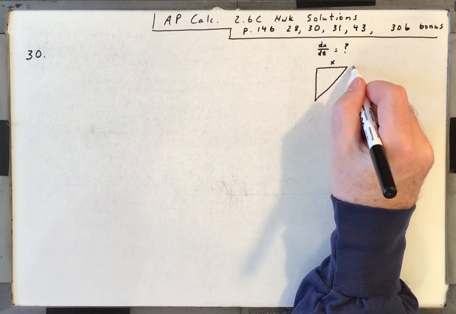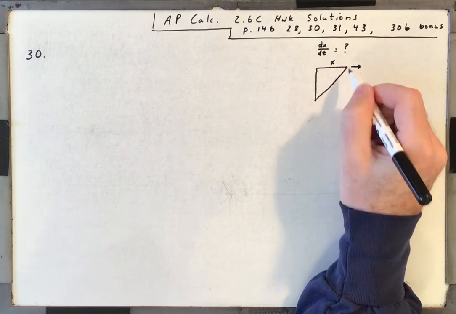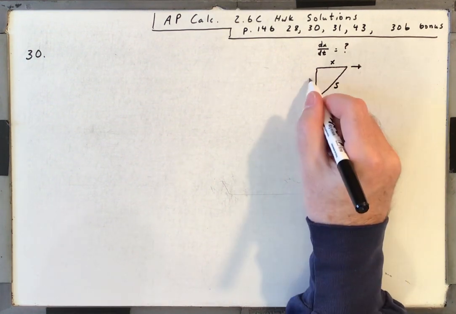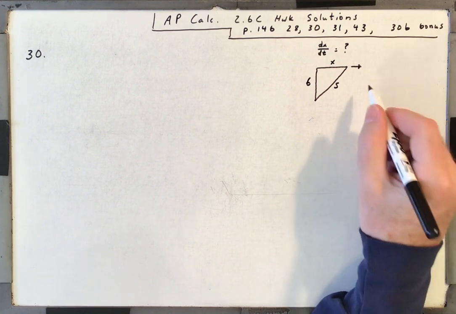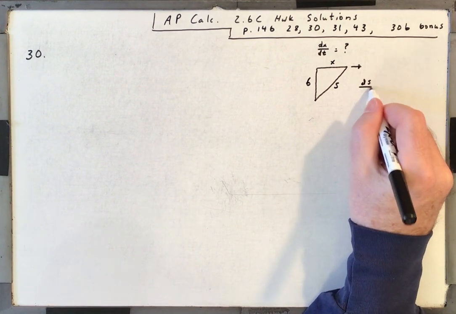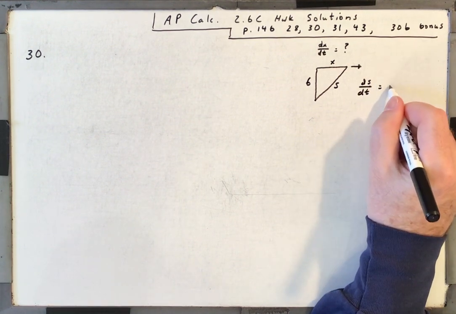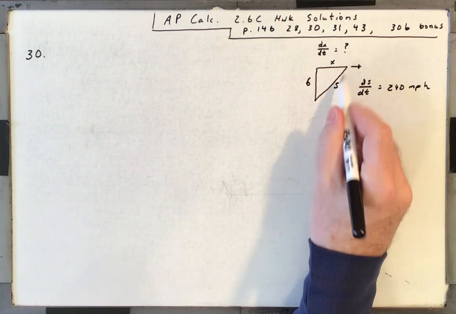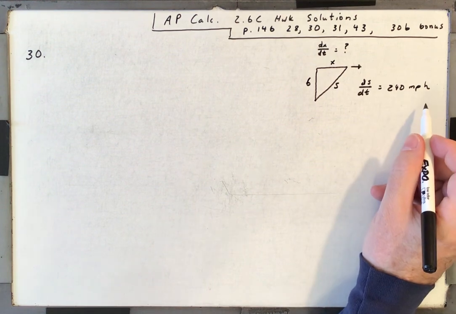And of course the plane is traveling this way. So we want to know that speed. This is s, this is 6, and we're also given that ds dt is equal to 240 miles per hour. So the change in the hypotenuse there is 240 miles an hour.